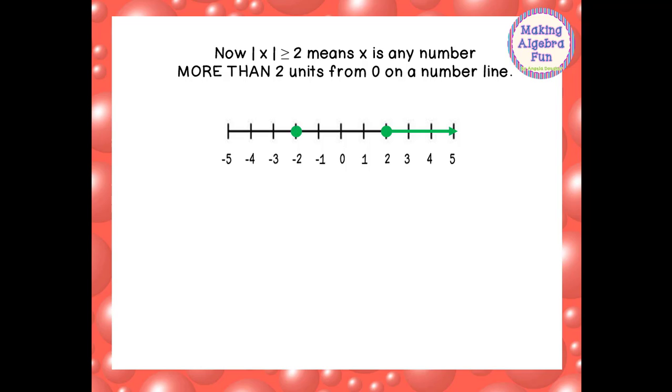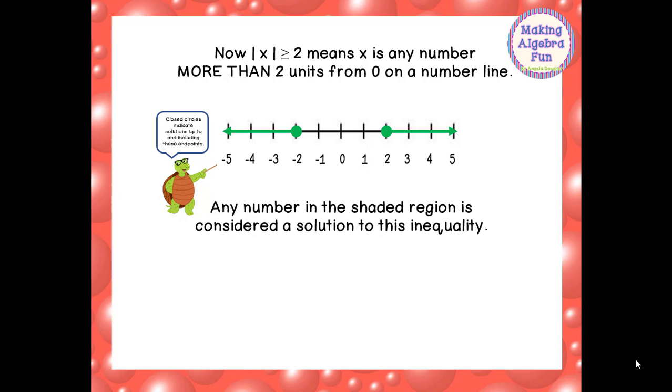You can also go 2 units to the left and past that, which would give you more than 2 units from 0. So your solution would be anything 2 or to the right forever, anything negative 2 or to the left forever. And the closed circles indicate that the solutions are up to and including the endpoints this time.